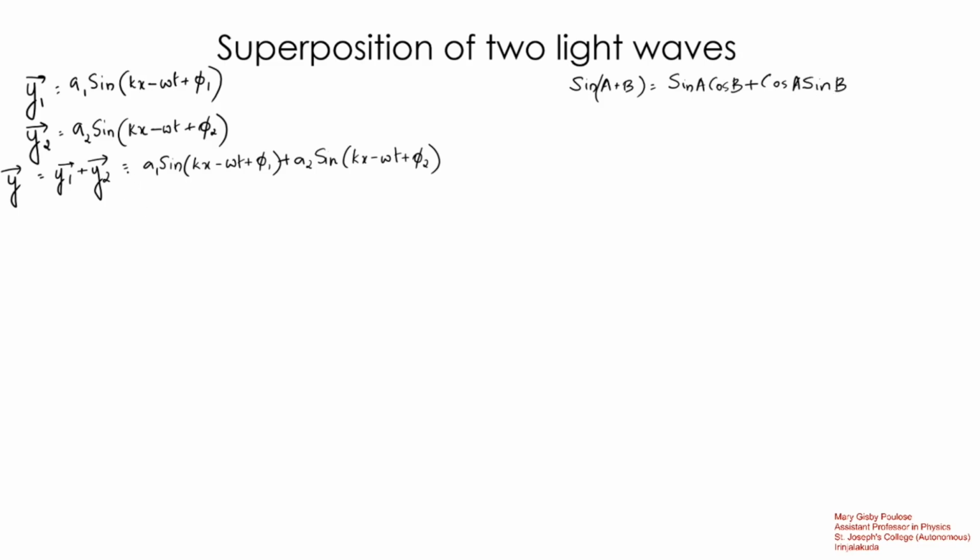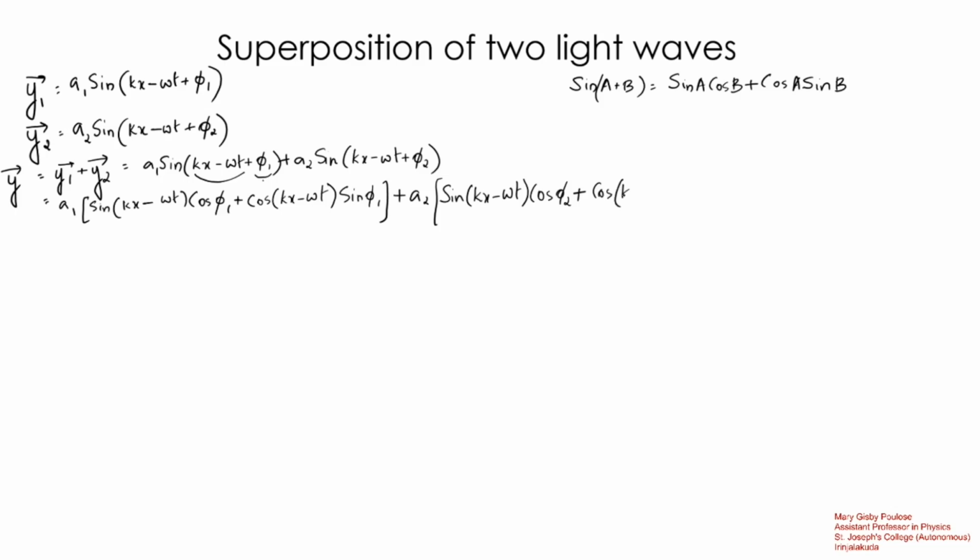Hence, this expression can be expanded as a1 times sine of kx minus omega t cos phi 1 plus cos of kx minus omega t sine phi 1, plus a2, expanded in a similar manner, sine of kx minus omega t cos phi 2 plus cos of kx minus omega t sine phi 2.